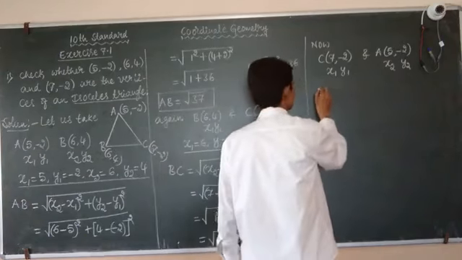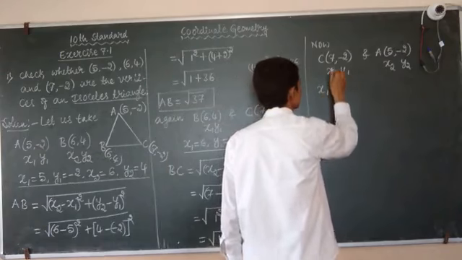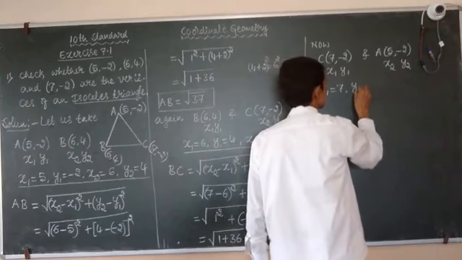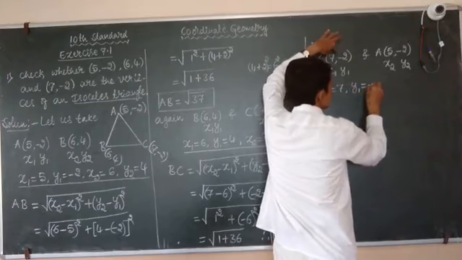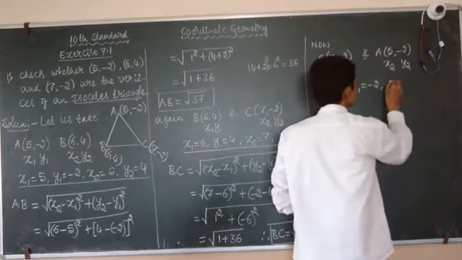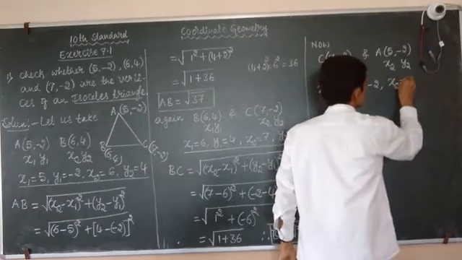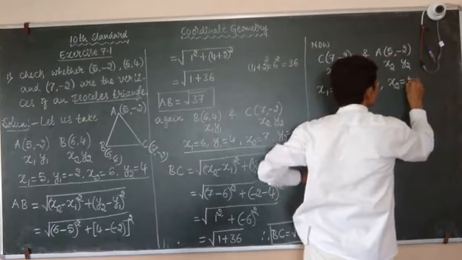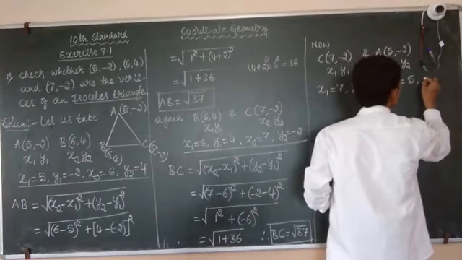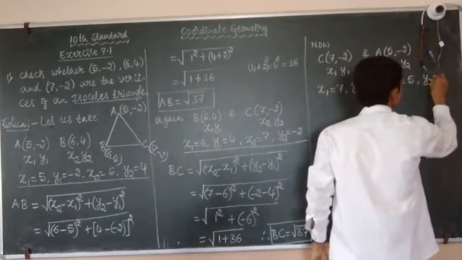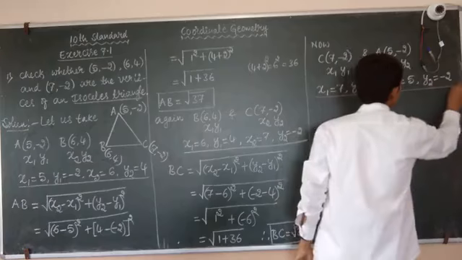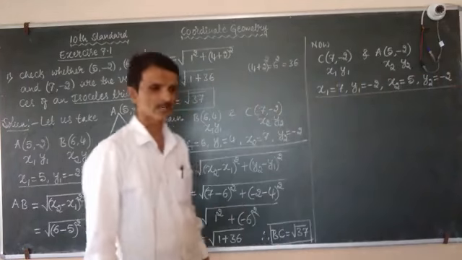So the value of x1 is 7. What is the value of y1? Yes, it is minus 2. So what is the value of x2? Yes, x2 equals 5. What is the value of y2? y2 is minus 2. So substitute this in the formula.